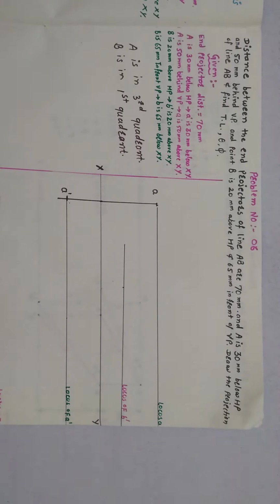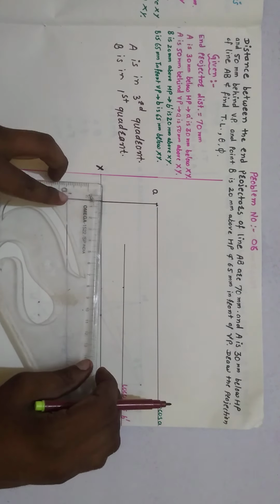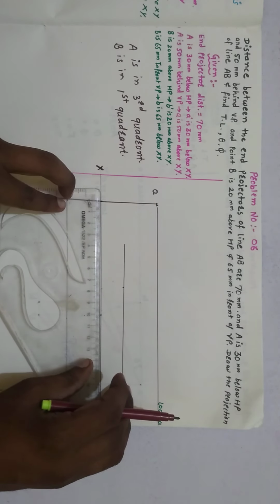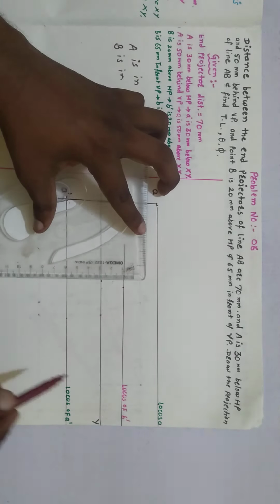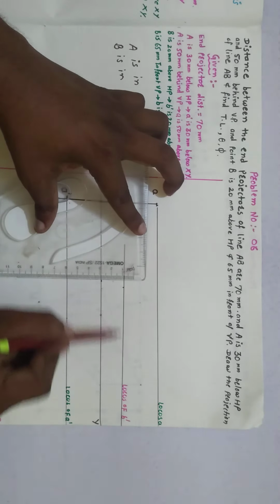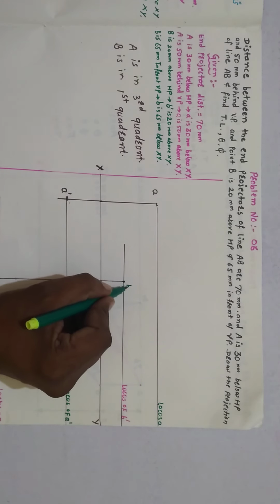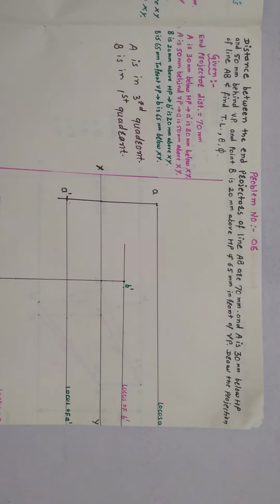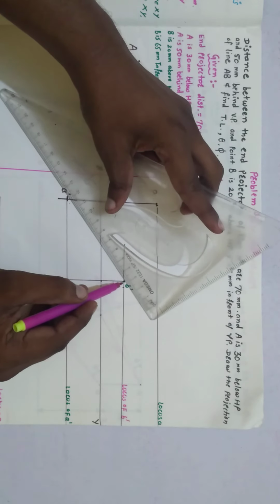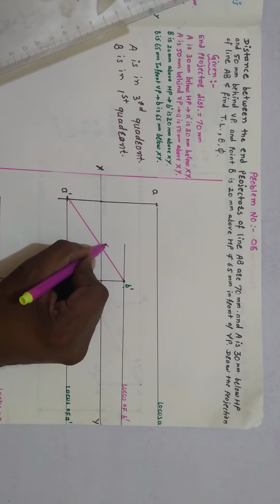The end projector distance is given, it is 70 mm. So take 70 mm distance and draw one straight line which cuts the locus of B dash and the locus of B. This point is B dash and this point is point B. Join A dash and B dash by a straight line, and this is your front view.